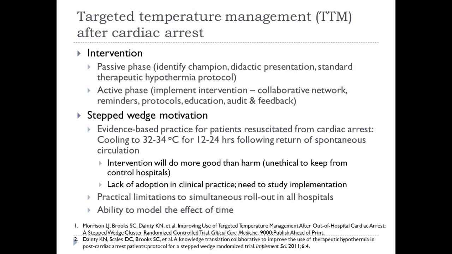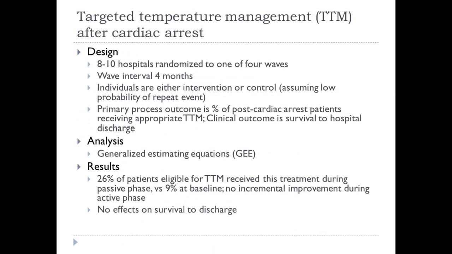Their design involved 8 to 10 hospitals that were randomized to one of 4 waves. This is not a lot of hospitals, but because stepped wedge design allows you to have greater power, you can make do with fewer clusters. Their wave interval was 4 months, so several of the hospitals switched over to the intervention after each wave that lasted 4 months.